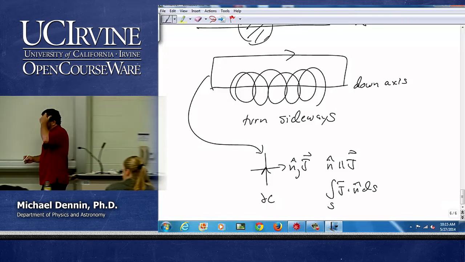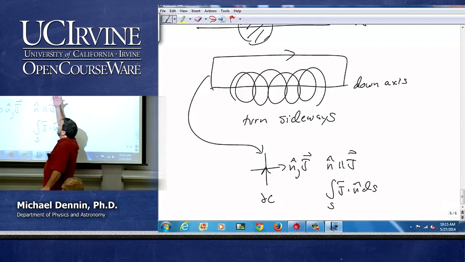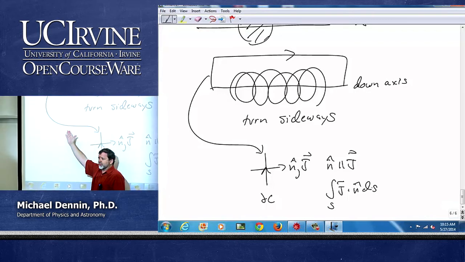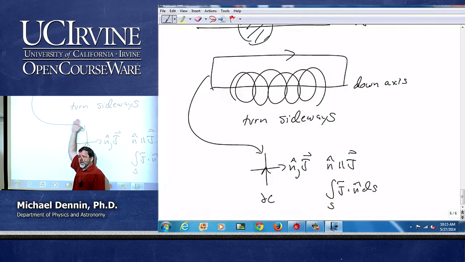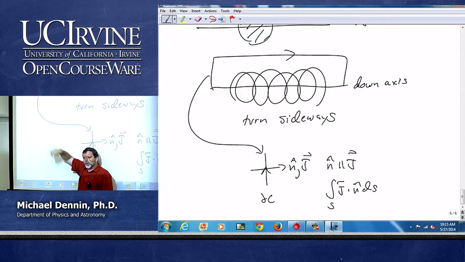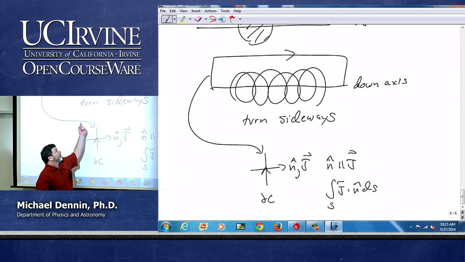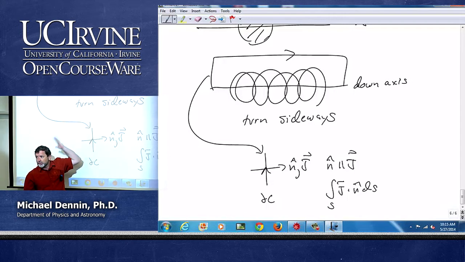So again, let's think about the geometry. My curve is that rectangle, so my surface is now parallel to the plane of the paper. Because I have a coil piercing it, my current is always either coming out or going in to that plane, perpendicular to the surface of the plane, which is parallel to the normal. So when I turn it sideways, here's the edge of my rectangle, and here's my coil coming up and through.